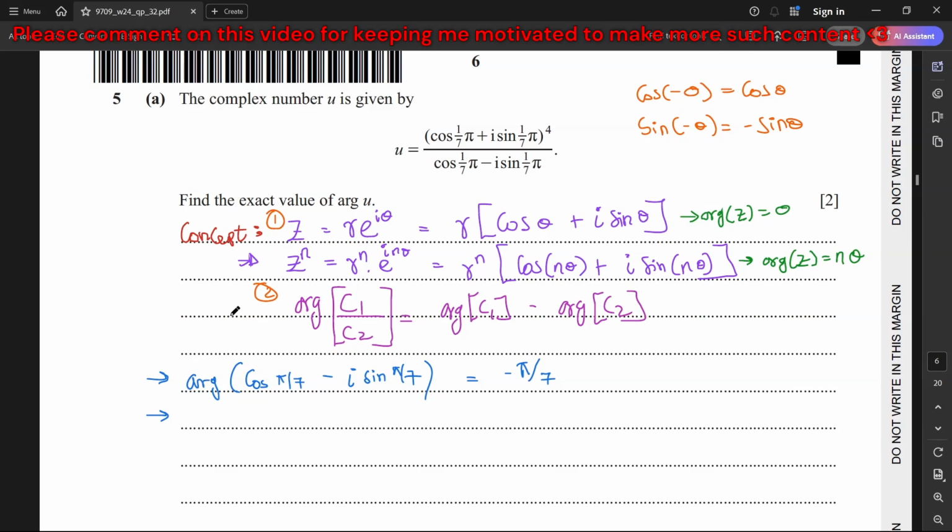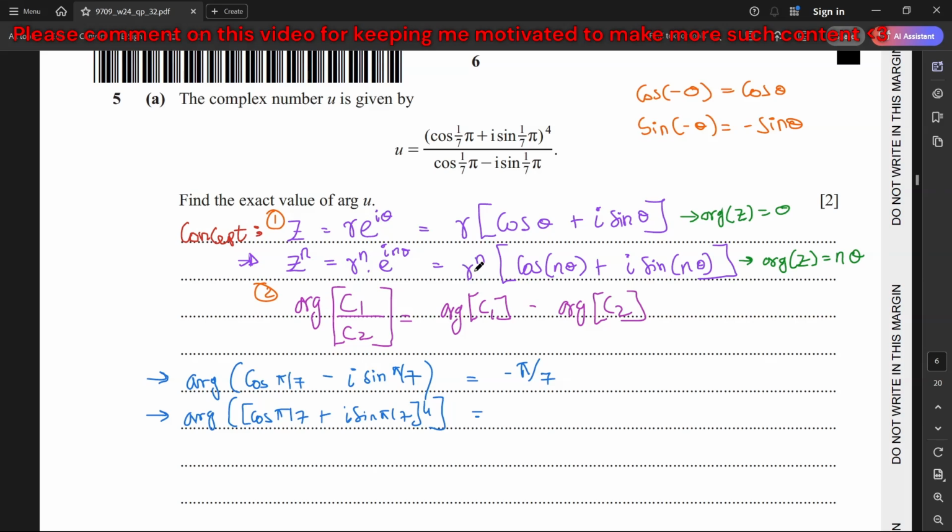Now what about the numerator part? So the argument of cos of pi by 7 plus i sine pi by 7, to the power of 4. Now to solve this, I have given the second expansion over here of z power of n. So z power of n can be written as r power of n and e to the power of i n theta.